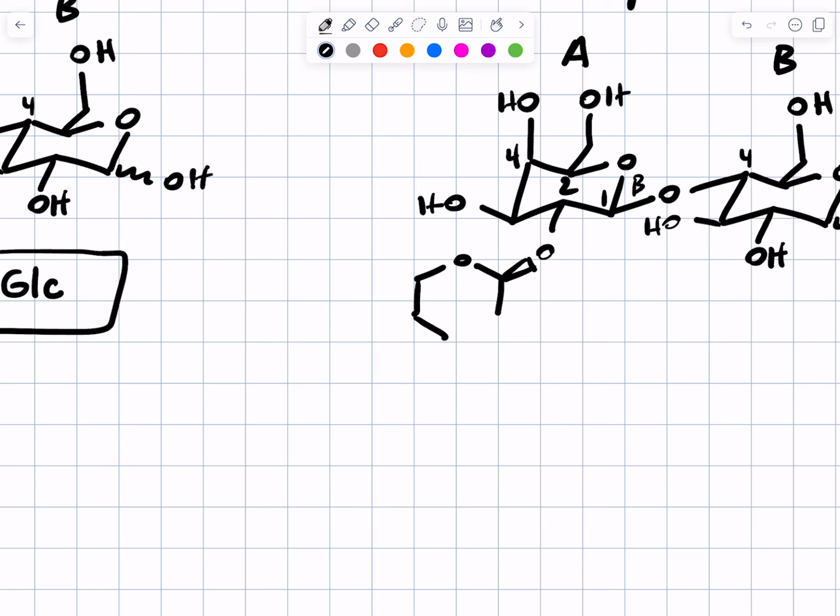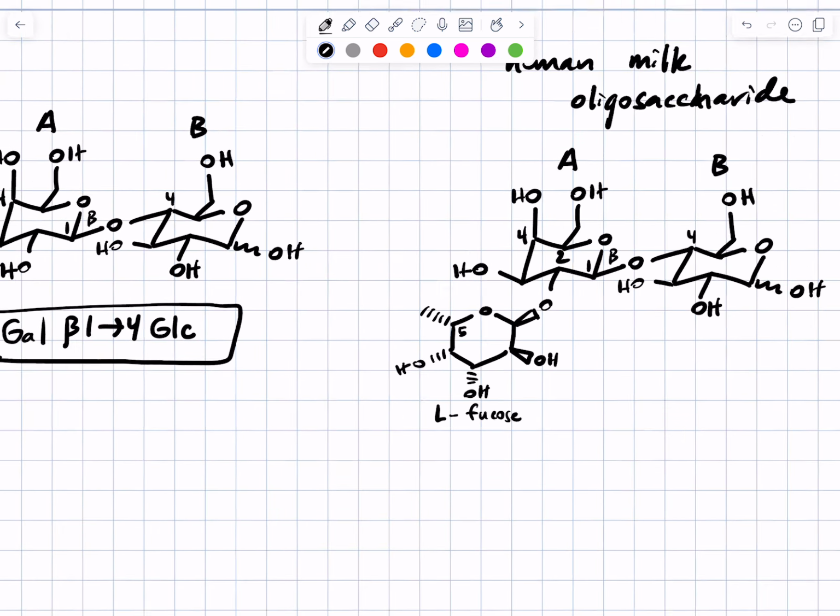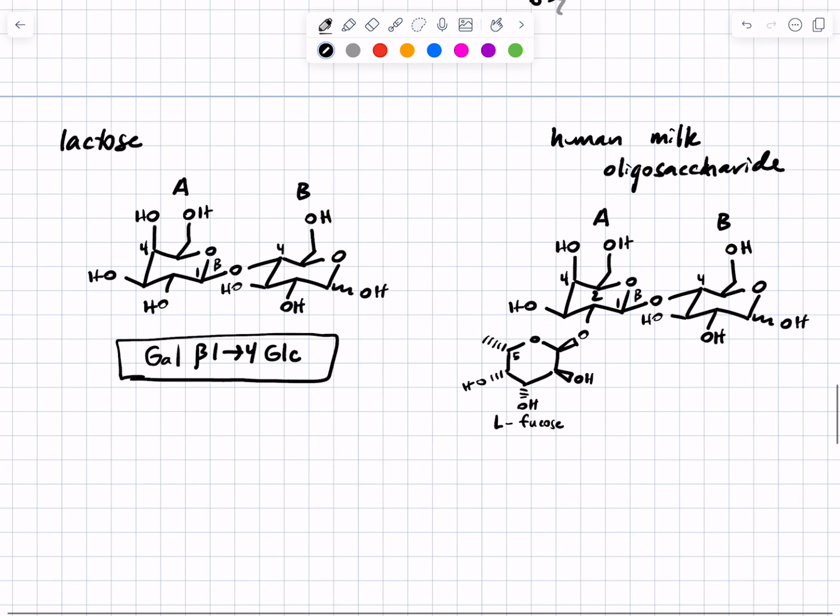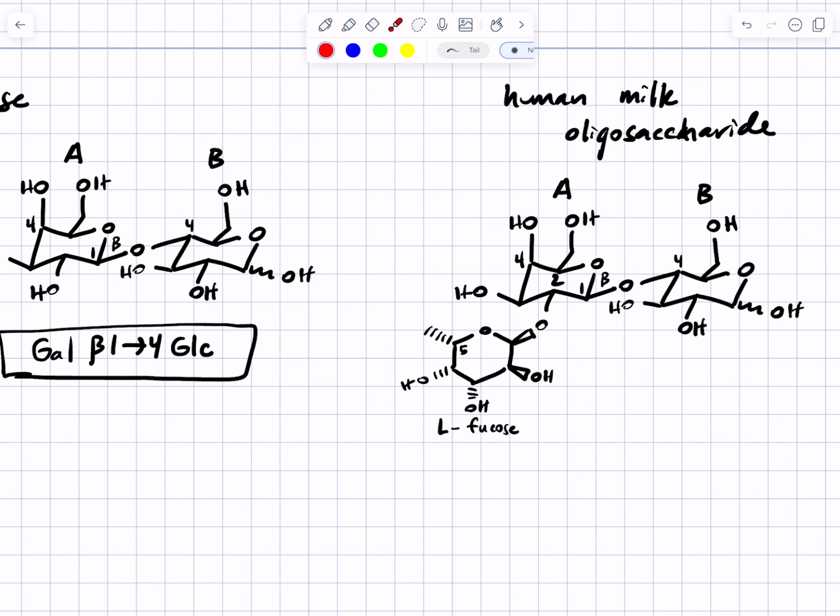This is a weird one in the sense that it doesn't have as many OH groups as glucose does, and the C5 group is down instead of up. So this is actually L-fucose. It's one of the few L sugars that nature uses. But in any case, human milk oligosaccharide contains this same beta 1,4 linkage.